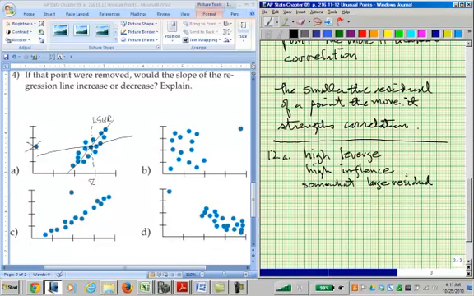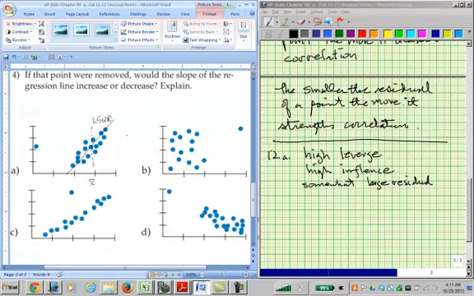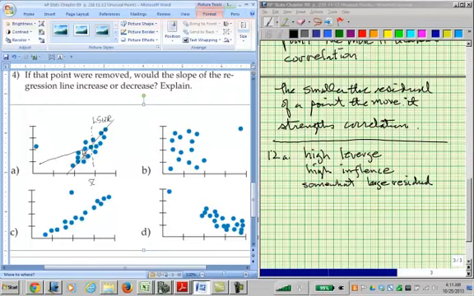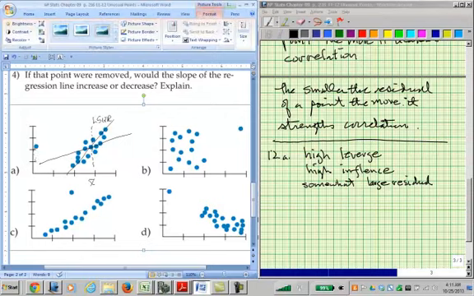It's not going to have the point, the LSQR is not going to go completely to it like this. It's going to be pulled to it more like this, like that. Okay, so it'll have a somewhat large residual. So, in this case, it decreases the slope.